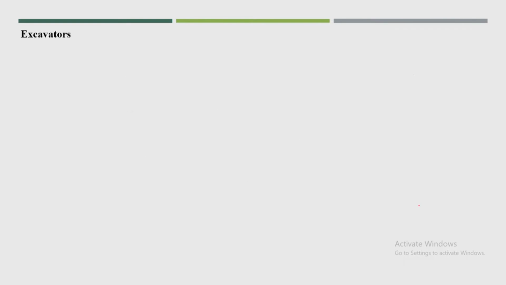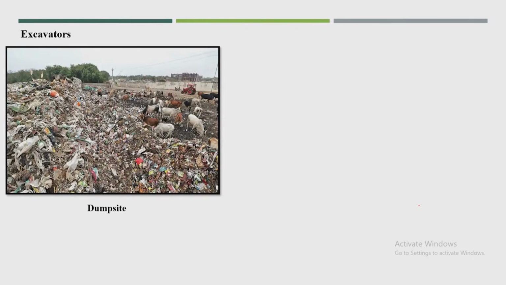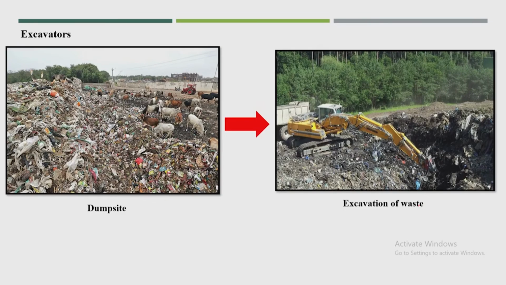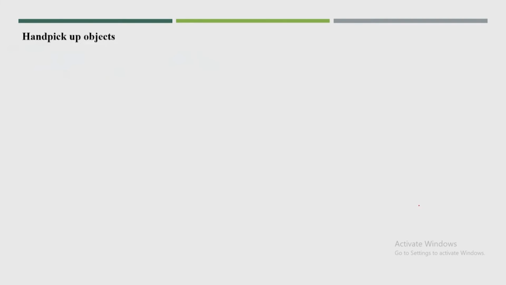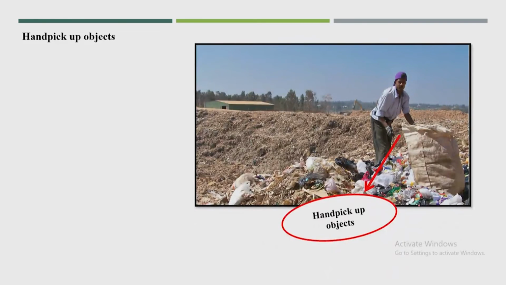So, I think important is the excavation of dump sites. This is the way we can excavate to 2 to 2.5 meter depth. Use an excavator to dig 2 to 2.5 meter deep trenches, then hand pick the objects, like you can see here in the hand picking.